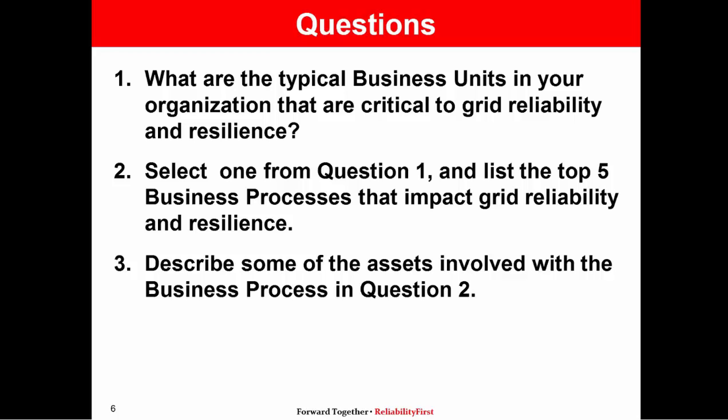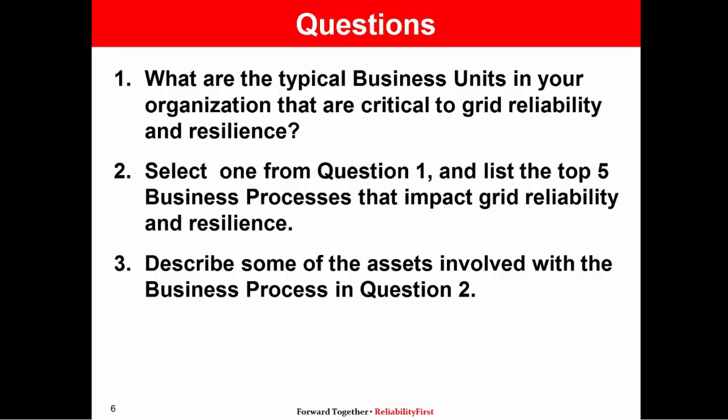So they might have a cybersecurity policy, or if we've selected HR, they may have a training and certification policy. So no matter what business unit you select, you need to be able to understand what processes support grid reliability.